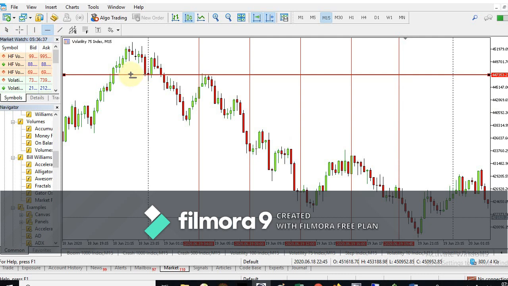The closing price is always before the separator, or the period separator. So you place a horizontal line on this closing price here, and then you place another horizontal line on this closing price here to map out from close to close. So we have that settled.